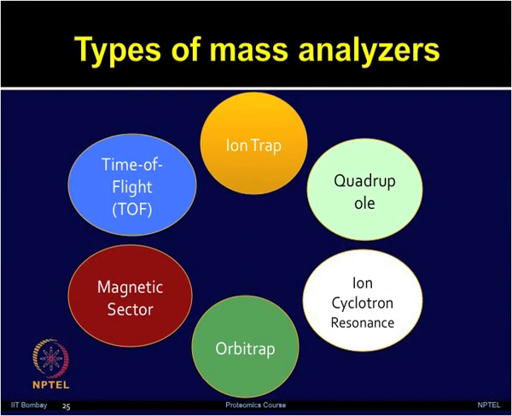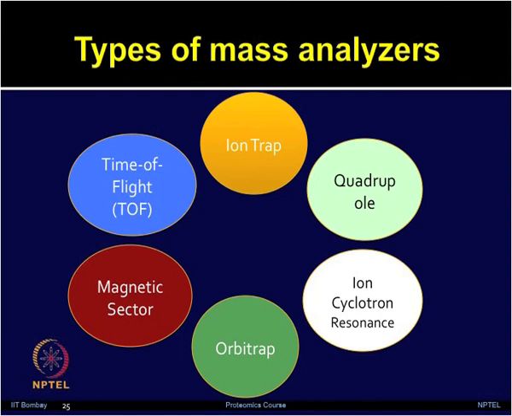In the previous lecture, I gave you an overview of different types of mass analyzers currently available. Each of those has its own unique properties in mass range, analysis speed, resolution, sensitivity, ion transmission and dynamic range.